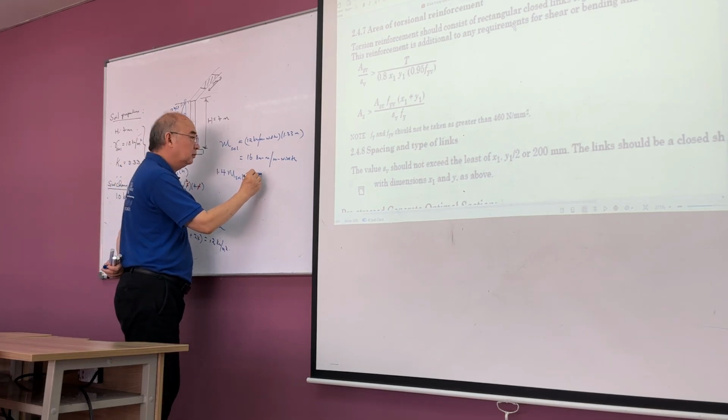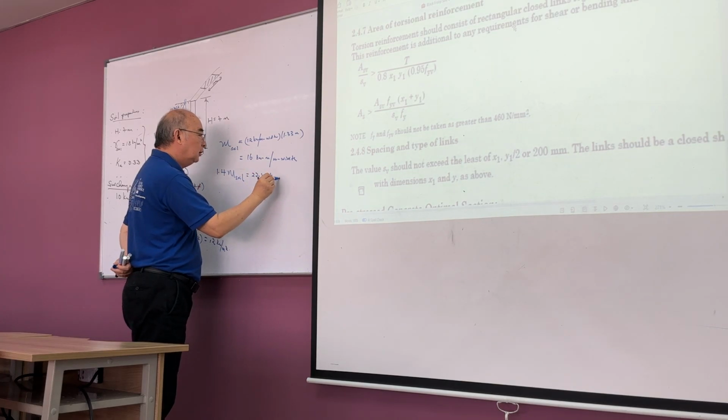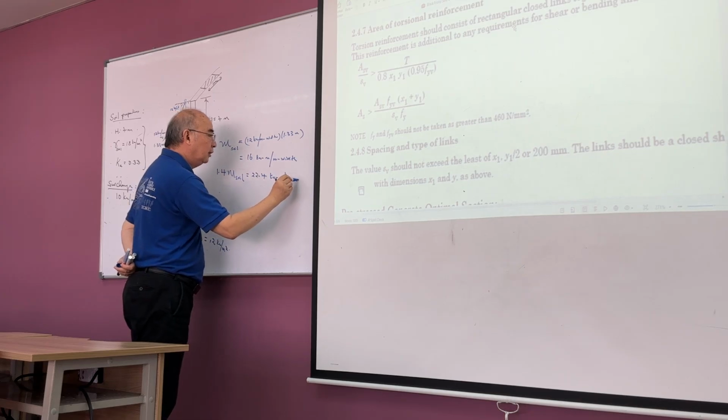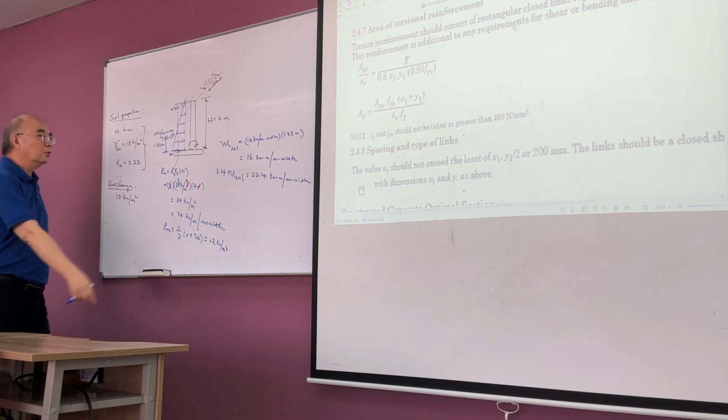Is that right? 22.4 kilonewton meter per meter width. Okay, alright. So this is the soil.